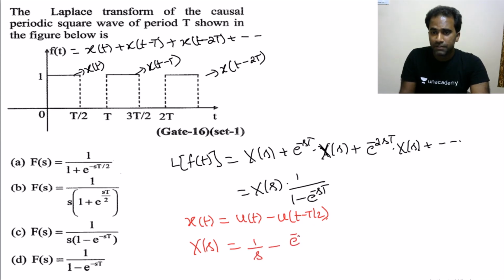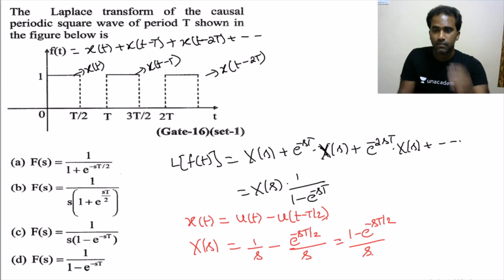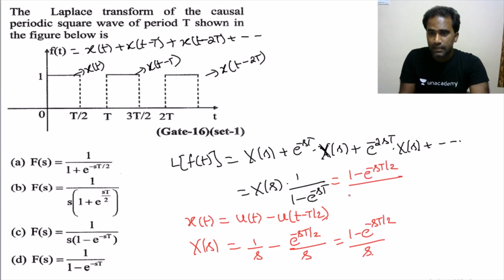By using the time shifting property, it is e power minus s t naught, in place of t naught we have T by 2, divided by s, which is equal to 1 minus e power minus sT by 2 divided by s. Fine. In this case, capital X of s is the Laplace transform of the signal in the first repetition or first period, which is 1 minus e power minus sT by 2 divided by s. This is the Laplace transform of x of t.